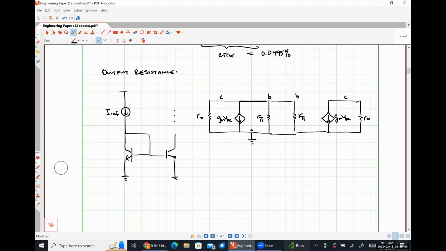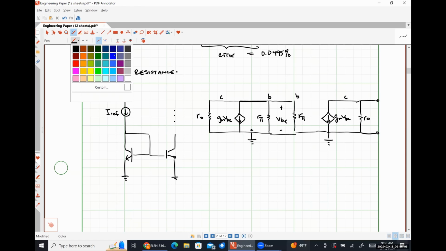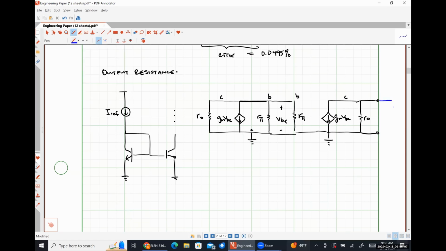Grounds are tied together. So this is my voltage VBE for both of those transistors. And over here on the right-hand side, where I'm running out of room, is where we might apply our test voltage source. Okay.